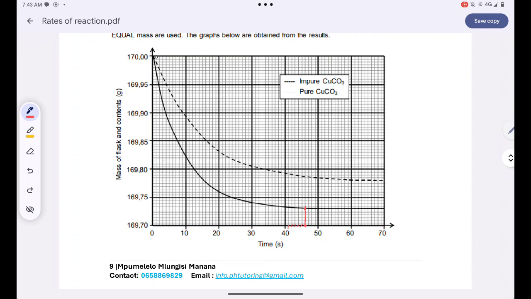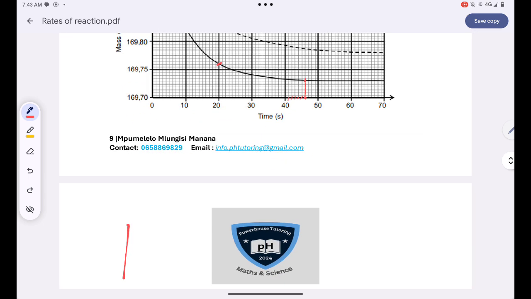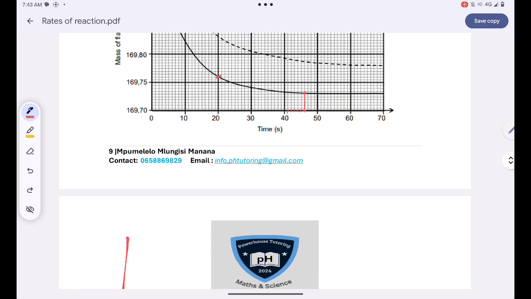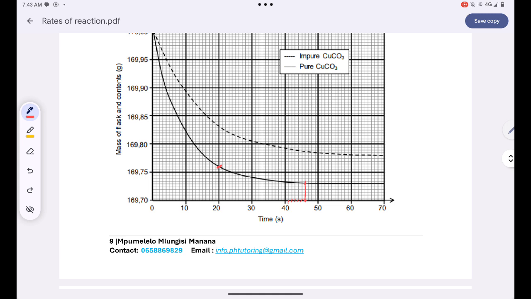In 20 seconds, the initial mass was 170 grams, and then in 20 seconds, that's our mass over there. I'll calculate the average rate of reaction. Remember that, for you to calculate average rate of reaction, it's always the change in quantity all over the change in time.